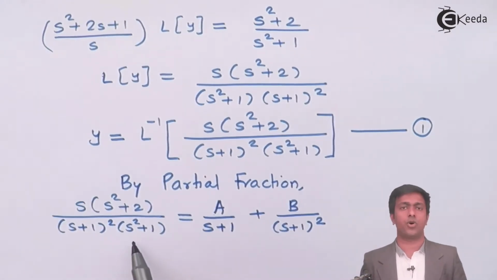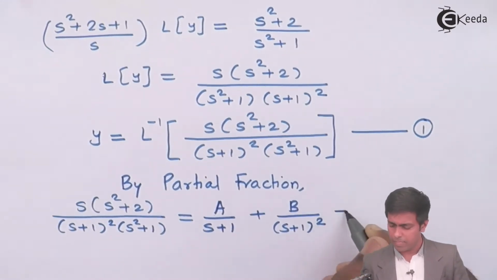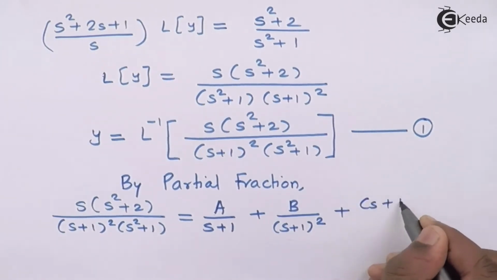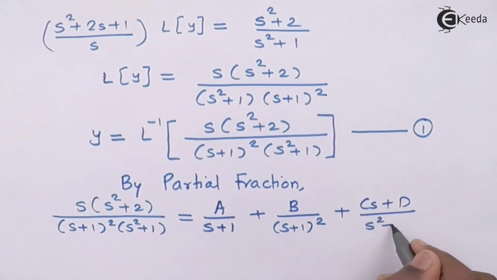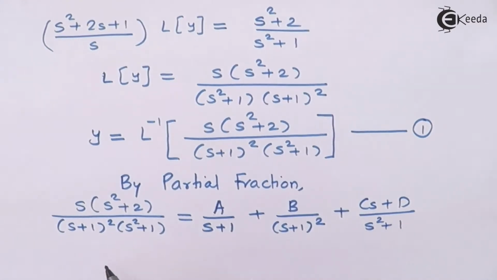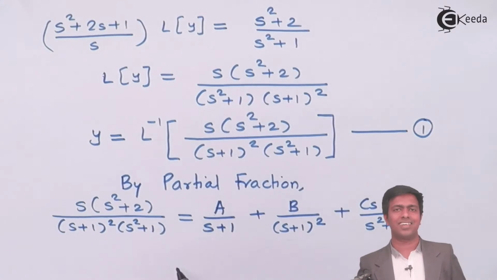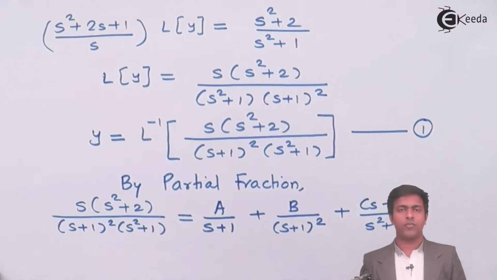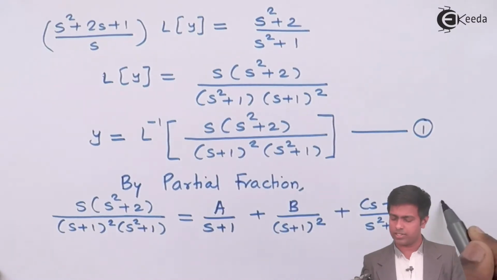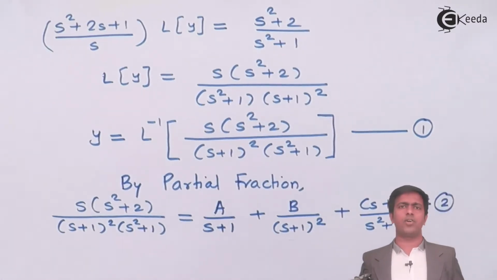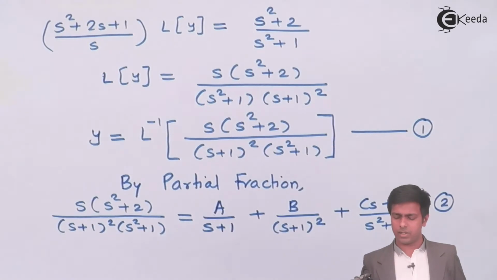Now the third factor is a quadratic factor, so that will become Cs+D in the numerator, because we know that whenever we have a quadratic factor in the partial fraction, we write the numerator as a linear factor. And guys, after this we are going to find out the values of A, B, C, D, and we'll put them here. So let's call this equation number 2, and let's find out the values of A, B, C, D, and substitute over here.